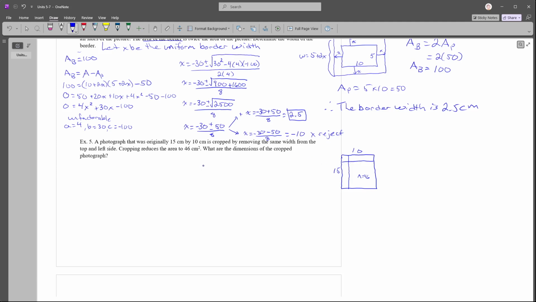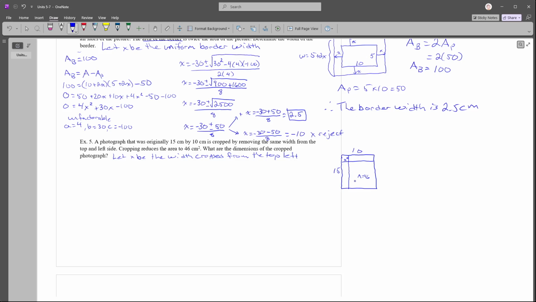So just like we did last time, we're going to let x be the change in the dimension. So last time it was the increase. So in this case, this is the decrease. So we're going to say let x be the width cropped from the top and left. Now with that in mind, that means that this is x and so is this.